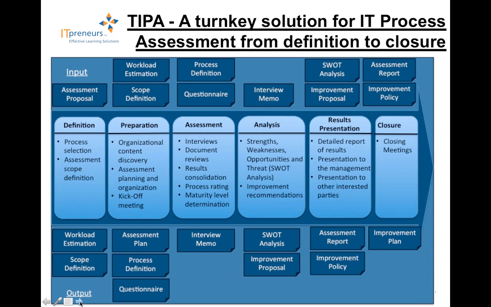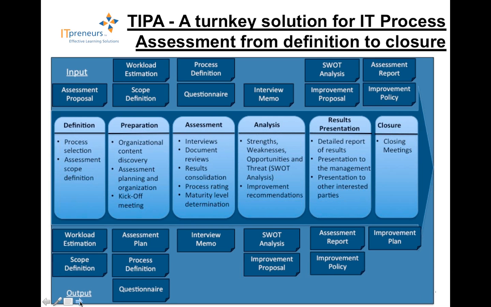First one, the definition phase. That's the first of the 6 phases of a TIPA project. And that's where we are going to really look at the processes that we have in place and confirm which one needs to be assessed. We will look at the level of maturity for these processes that is required in the future, thus allowing us to determine the level of maturity that we need to assess them up to.